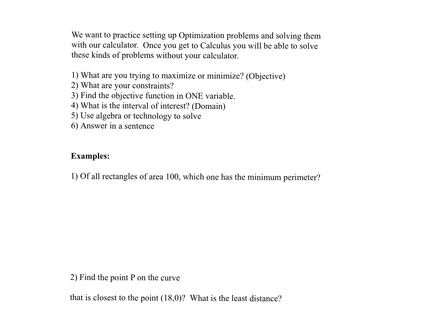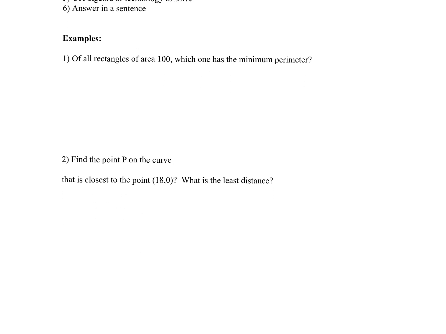So first of all, for this first example, of all rectangles of area 100, which one has a minimum perimeter? So what you're trying to do here, your objective, and I recommend writing this out, is to minimize the perimeter.